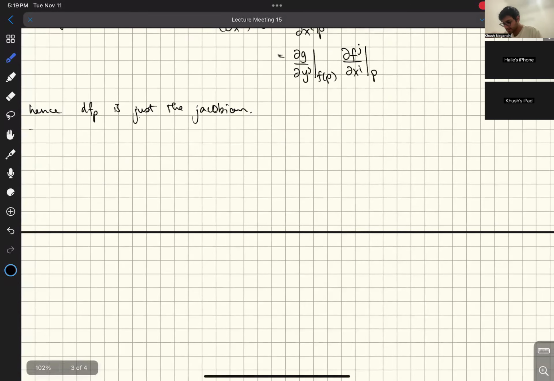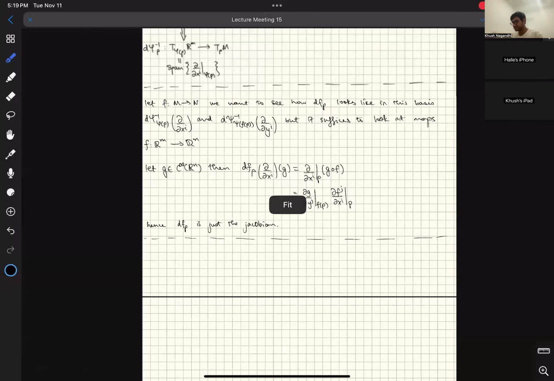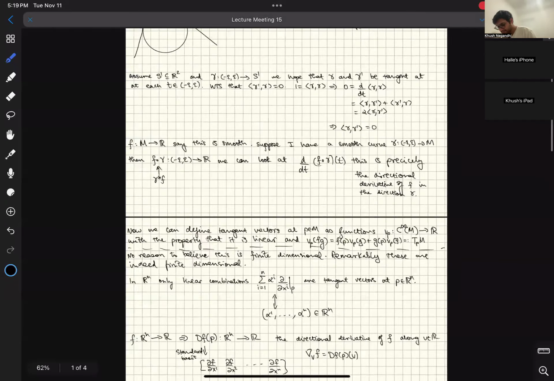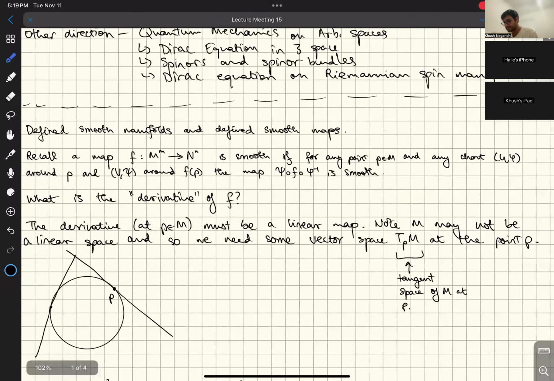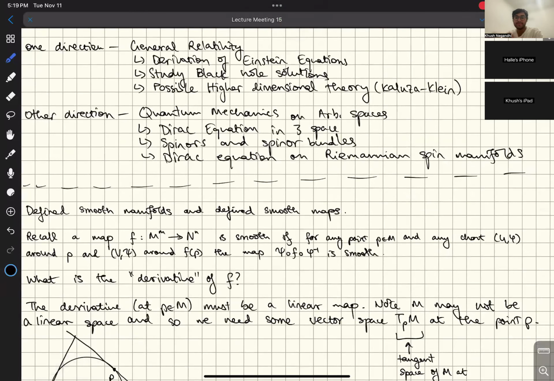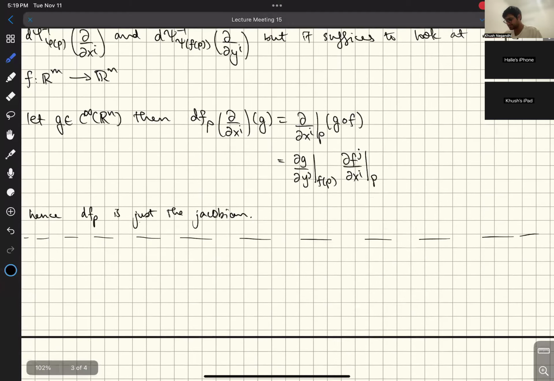Okay, with this out of the way, we've defined one of the most important concepts in all of differential geometry, and that's the notion of the derivative and the notion of a tangent vector.